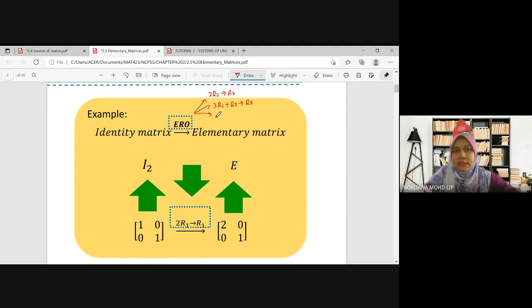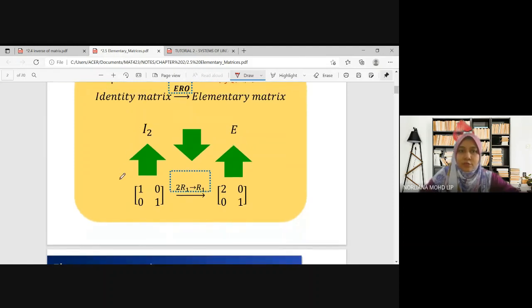And the third operation involves interchanging rows, for example row 3 interchanged with row 1. So for the elementary matrix, it involves only one operation, either the first, second or third operation, one of them.